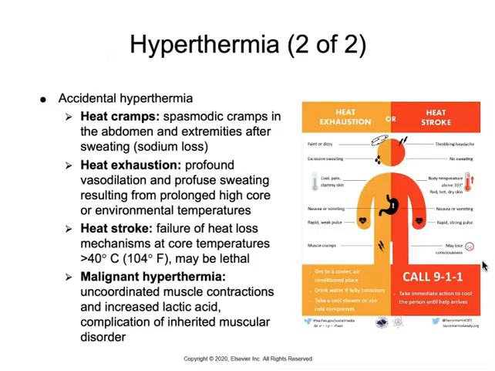So we just got done talking about a therapeutic hyperthermia, but sometimes we can have accidental hyperthermia take place. And this could be through heat cramps, where we are going to have severe spasmodic cramps in the abdomen and extremities. This is then followed by prolonged sweating and is associated with sodium loss.